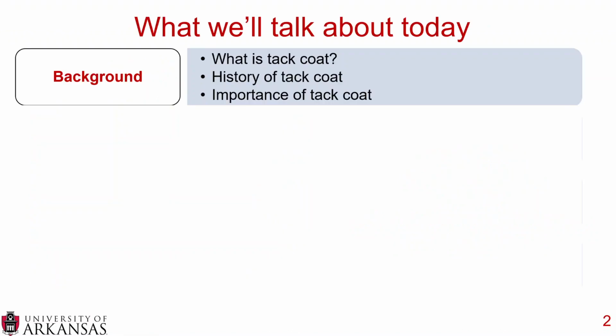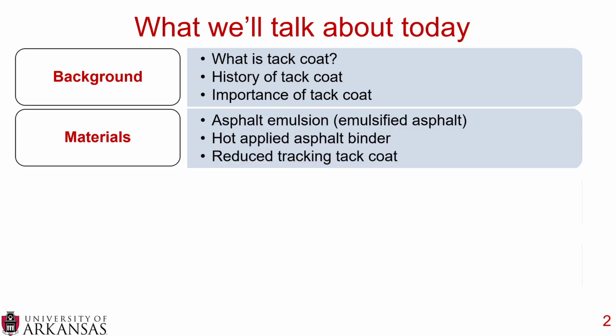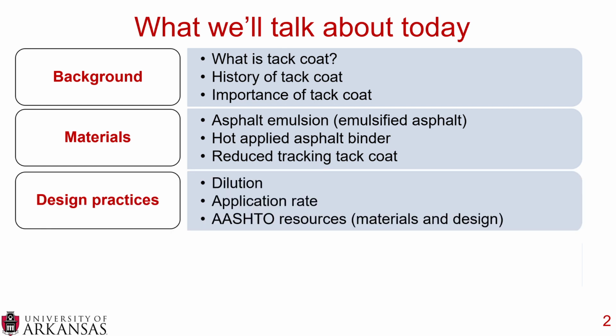So what we'll talk about today in particular is a little bit of background. We'll start with what is a tack coat and a little bit of the history of tack coats, and then we'll finally cover the importance of tack coat. We'll then go into the different materials of tack coats. This includes asphalt emulsion, also known as emulsified asphalt, hot applied asphalt binder, and reduced tracking tack coat.